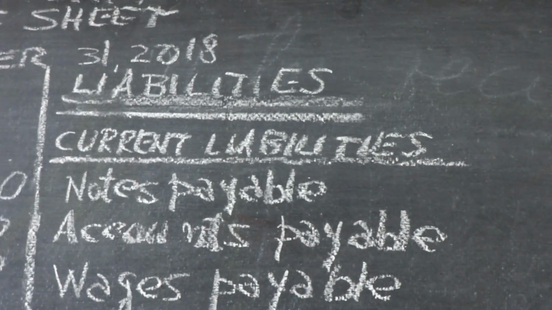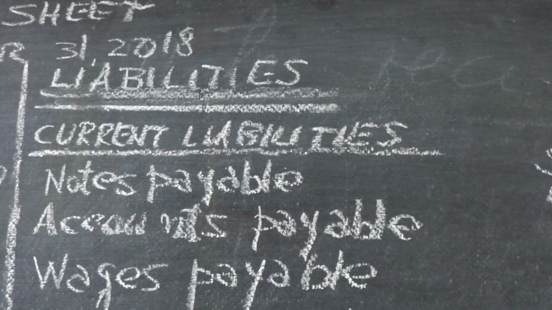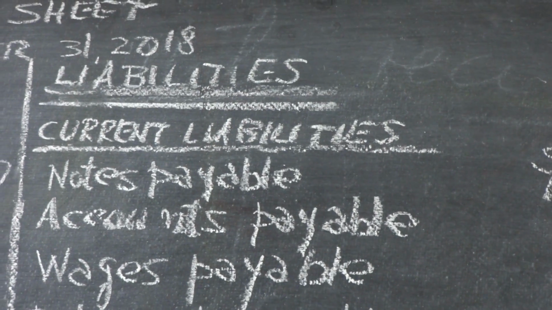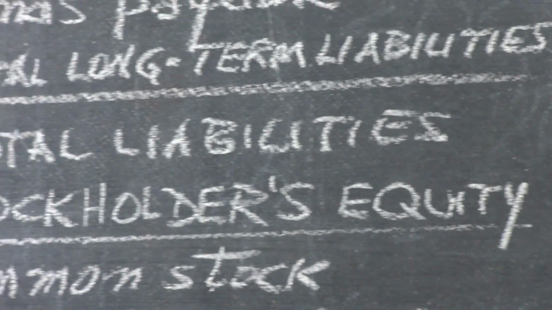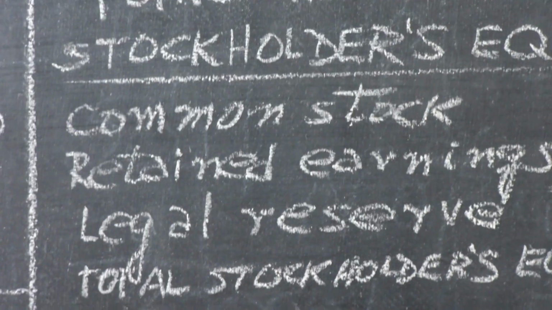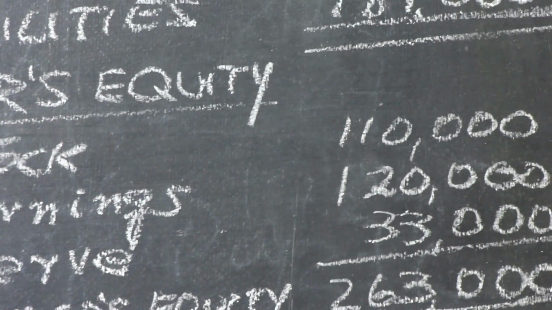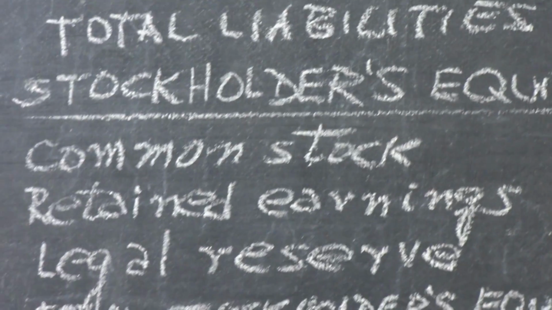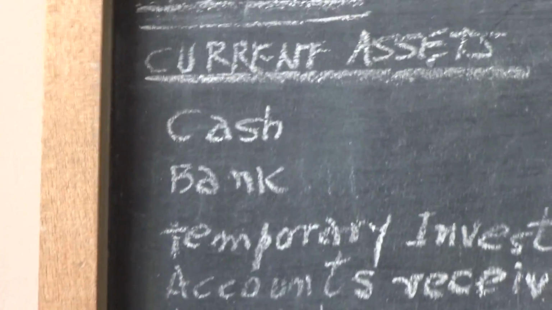The liabilities are the debts that the corporation has to pay to banks, creditors, or third persons. And the stockholder equity is the patrimony that the company has, which is represented especially by stocks. Well, let's begin.